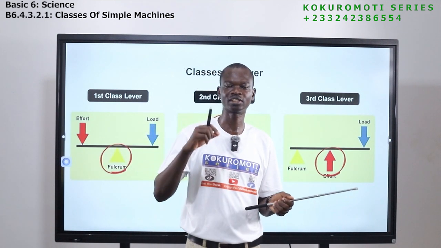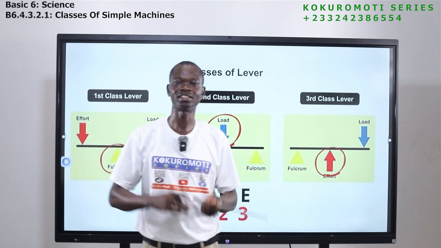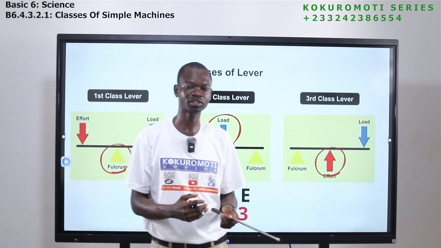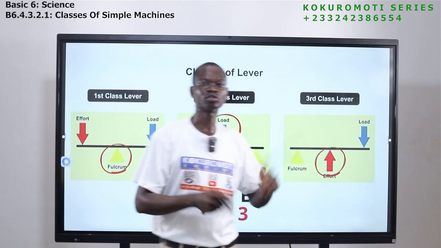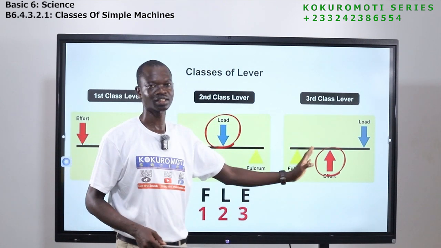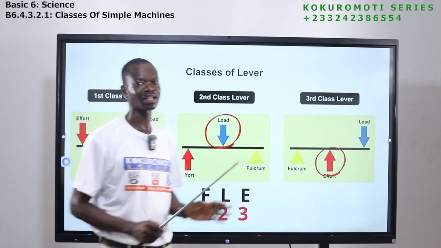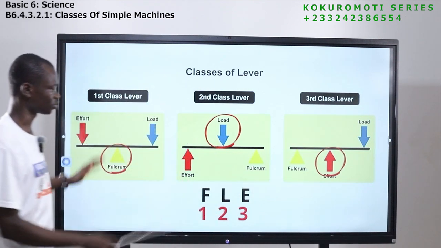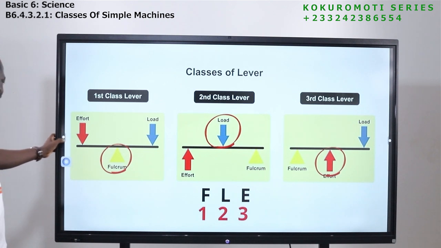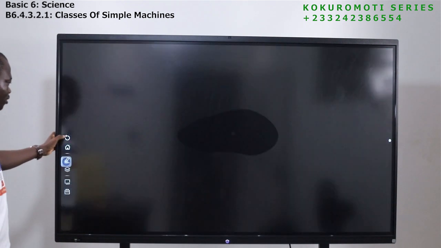If the one at the middle is a fulcrum, then it belongs to the first class. The one found at the middle is load, that is second class, and if the one at the middle is effort, that is the third class lever. Okay, so this is what you should understand. Okay, we are going back.